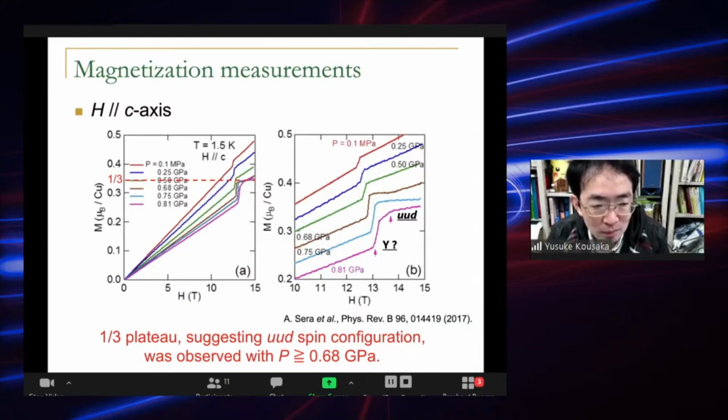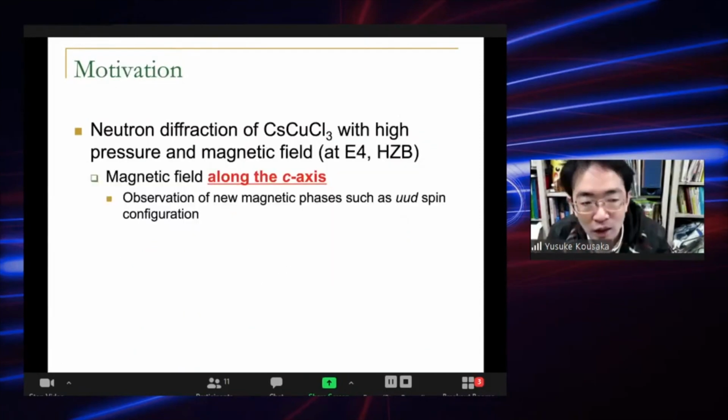This means that we expect the up-up-down magnetic structure. Before the up-up-down phase, it shows very small slopes. It may be the Y phase. At least we can say that we can observe the up-up-down phase around 0.7 GPa. So here we would like to report the neutron diffraction results of this compound with magnetic field and high pressure.